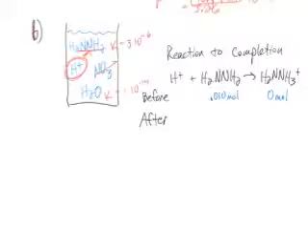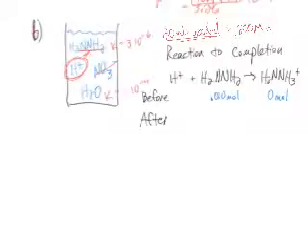In part B, we've added 20 milliliters of nitric acid, times a concentration that they tell us at the beginning of the problem of 0.2 molar. If you convert 20 milliliters into 0.02 liters and then multiply that by 0.2, you arrive at 0.004 moles. So for this reaction to completion table, it's 0.004 moles of hydrogen initially.